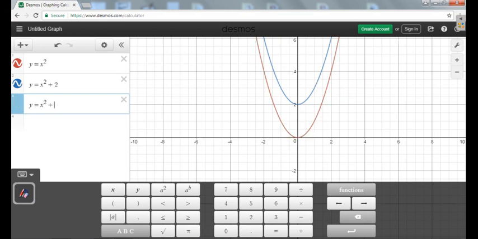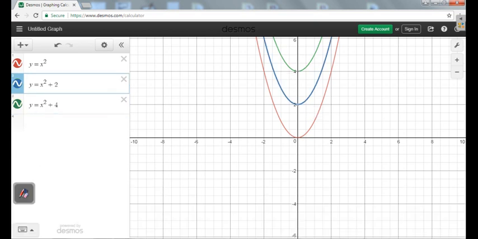So my vertex right now is at 0, 4. So we call this a vertical shift 4 units up. Okay? This one has a vertical shift 2 units up. All right? We're going to fill in the table in a second.